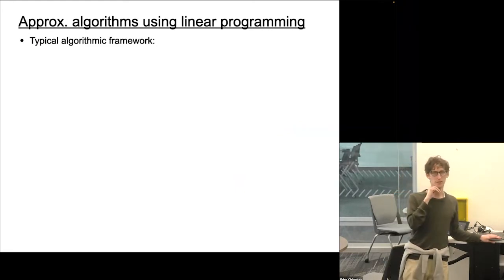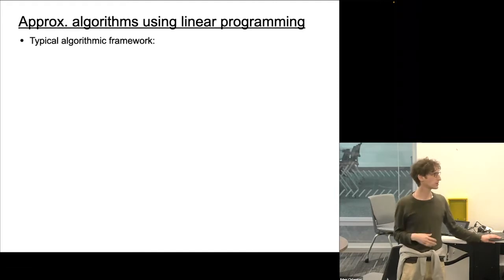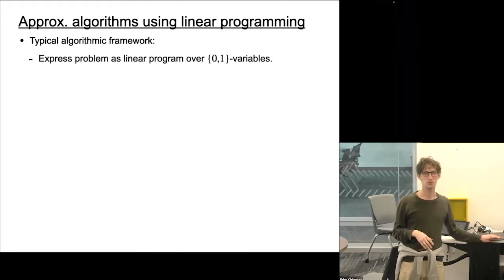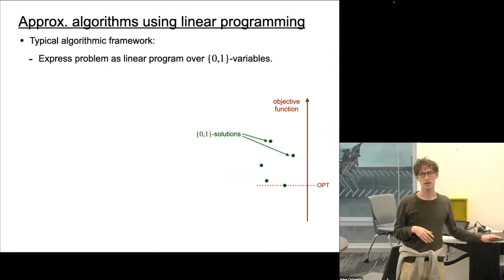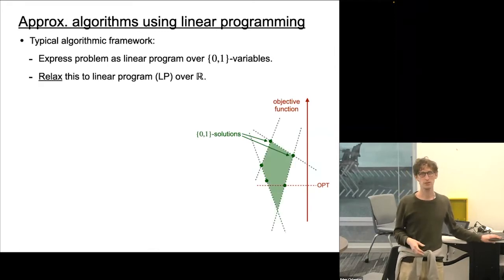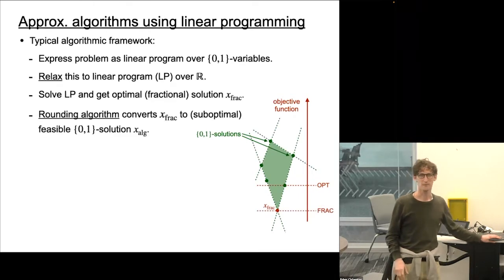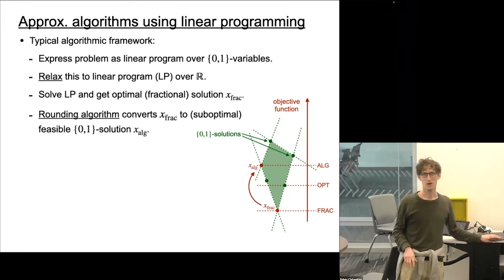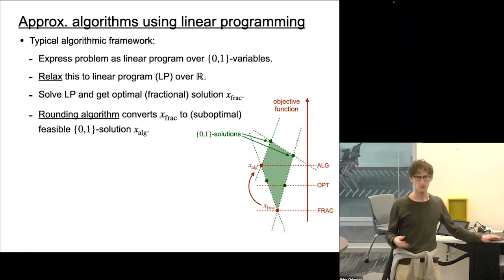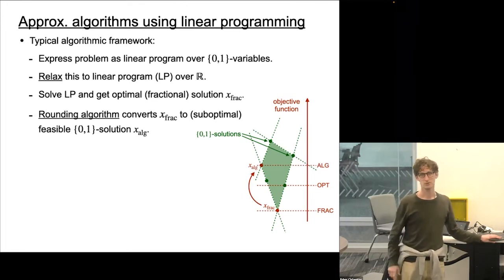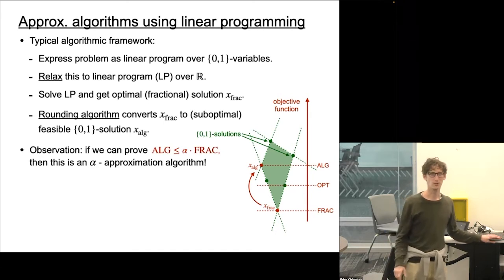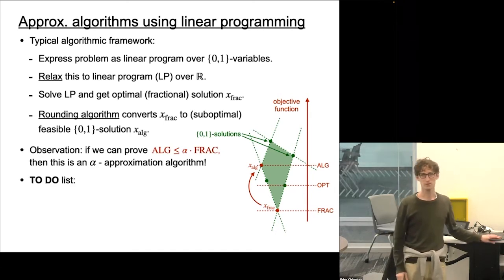Okay, so very quickly, we follow the usual lines in approximation algorithms. We have this 0-1 program, and then we relax it to a linear program. Then we round the optimal solution to the linear program, and then we bound the loss in the rounding, and we get an approximation algorithm.